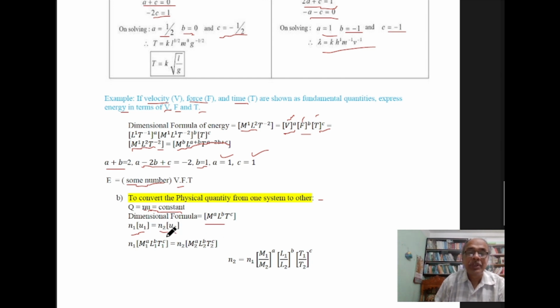Here n1 stays the same, and the unit u1 can be expressed by the dimension formula: M1 to the power a, L1 to the power b, T1 to the power c. Similarly, M2 to the power a, L2 to the power b, T2 to the power c. So n2 equals n1 times M1 by M2 whole to the power a, L1 by L2 whole to the power b, T1 by T2 whole to the power c.